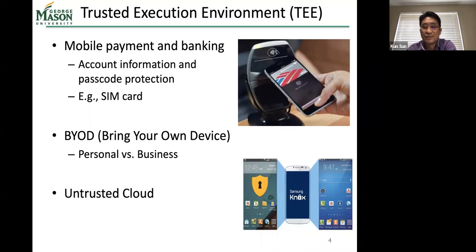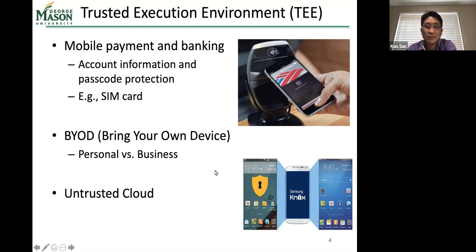So there are concerns: what if you install personal applications which may contain various vulnerabilities and compromise the whole device, and then compromise your business applications? So there is a demand. For example, Samsung proposed Knox, which provides two isolated execution environments on the same smartphone. So even if your normal OS is compromised, those secure applications can still be protected.